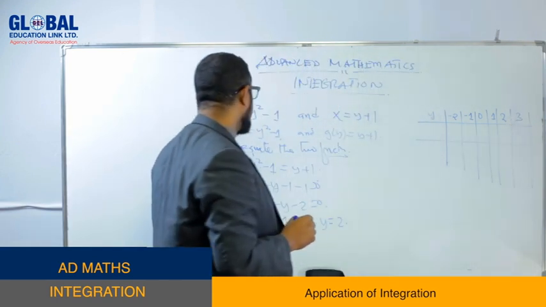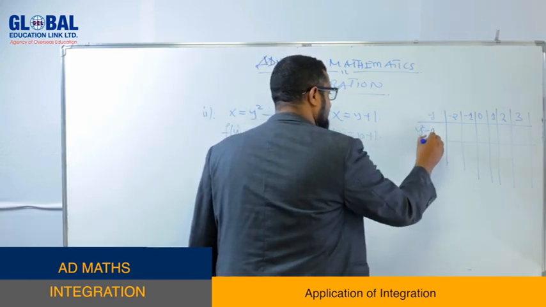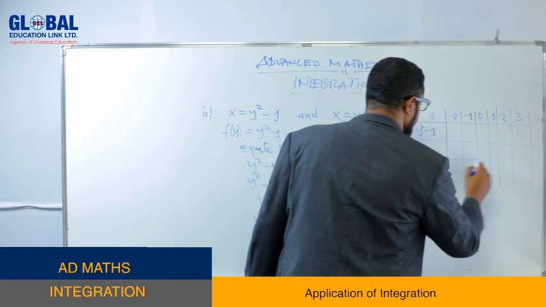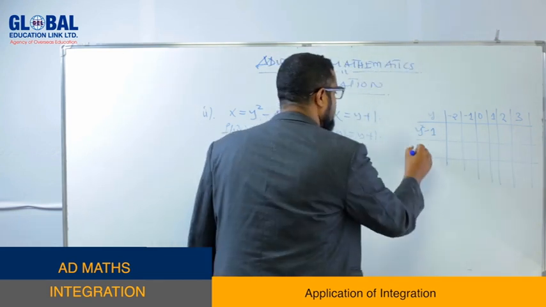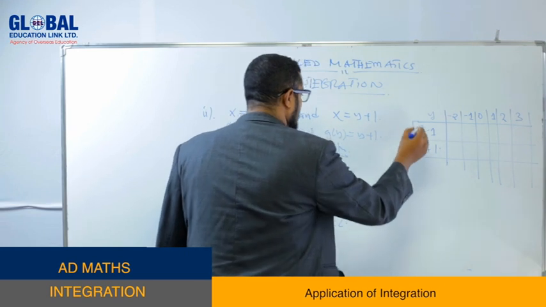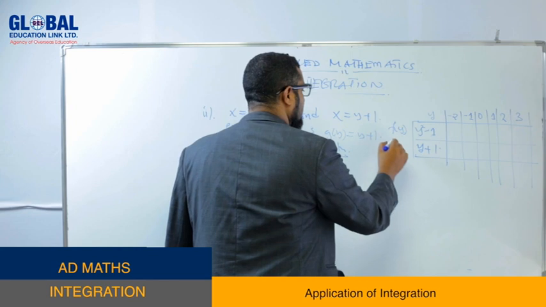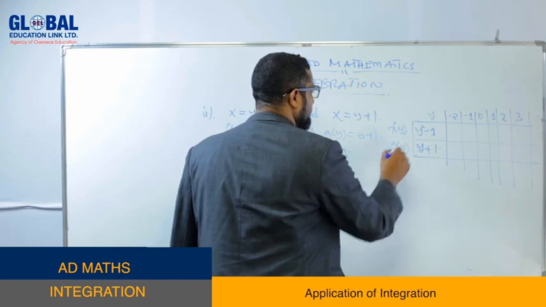Now our functions here are y squared minus 1, and the other one is y plus 1, in which y squared minus 1 is f of y, and y plus 1 is g of y.